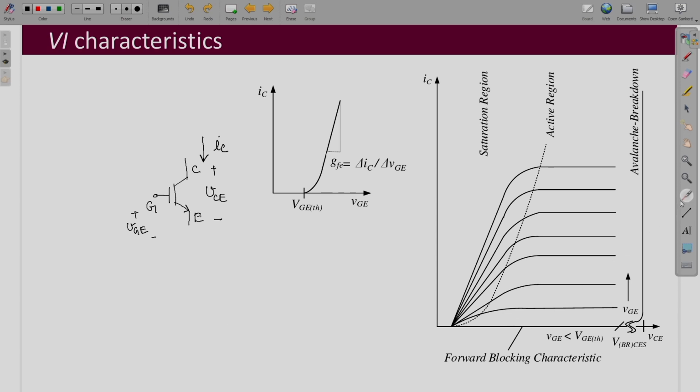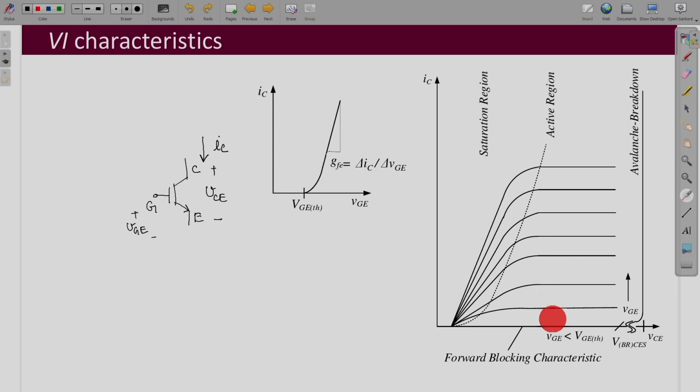Now, what we observe here is that as this gate to emitter voltage increases and becomes above the threshold voltage, then the IGBT starts to conduct, and after some time this collector current becomes fixed, becomes constant.